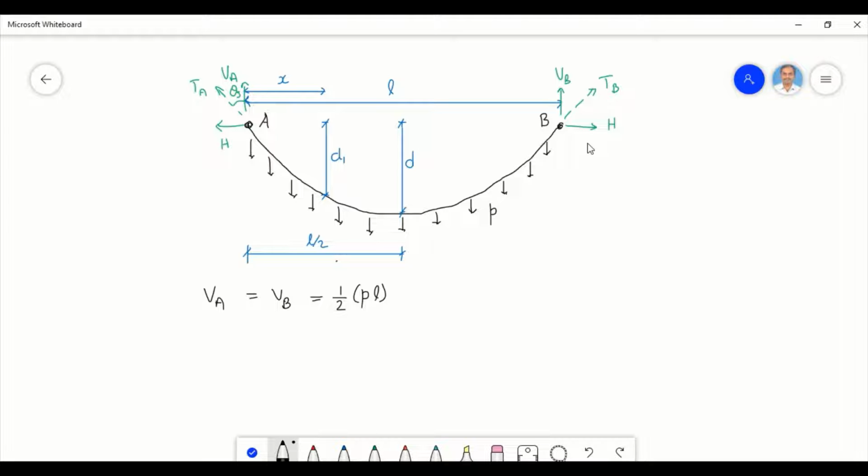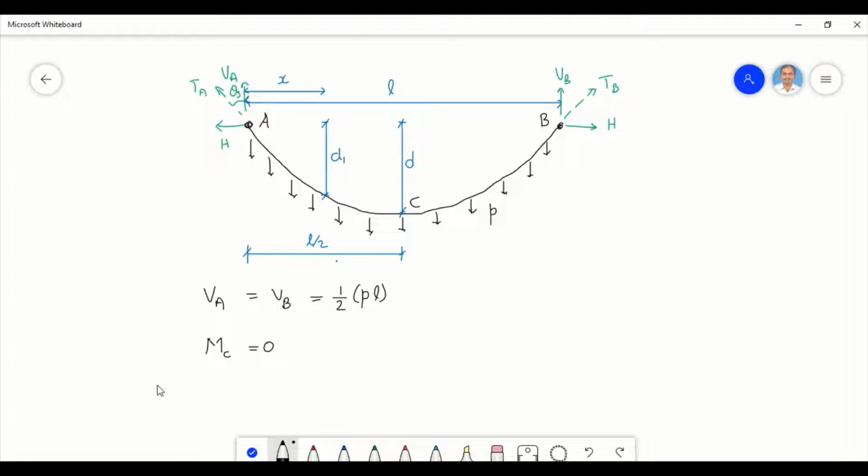So when we take moment about any point, let us consider the maximum dip point as C. When we take moment about C, its value must be equal to 0. Moment at C must be equal to 0. Let us consider the left of the section.